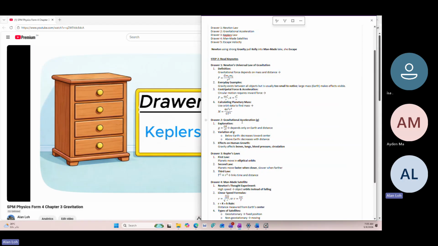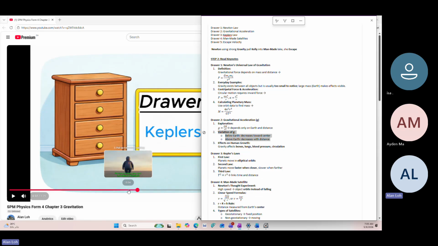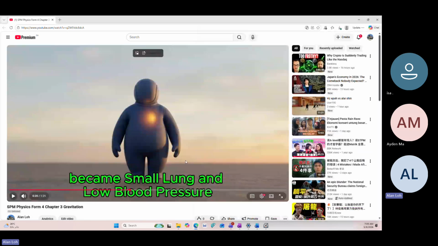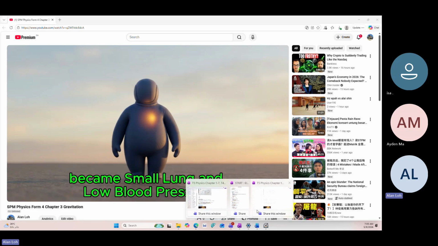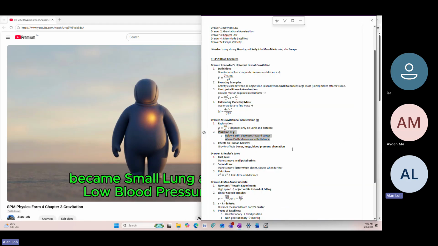So it's talking about gravitational acceleration. There is this variation of g. g is gravitational acceleration below the Earth and above the Earth. You saw that the black character was traveling from below the Earth to above the Earth, and then became small lung and low blood pressure. This illustrates that there are a few points you need to know that are important in drawer number 2.